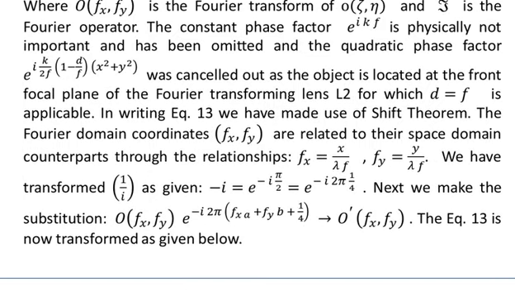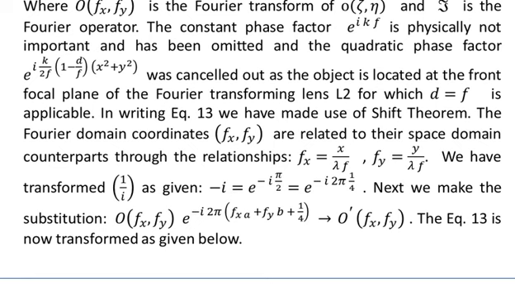Next we make the substitution O as a function of fx comma fy into e to the power minus iota 2 pi. Within the parentheses we have fx into a plus fy into b plus 1 over 4, and we are replacing this term as O prime as a function of fx comma fy. The equation 13 is now transformed as given below.